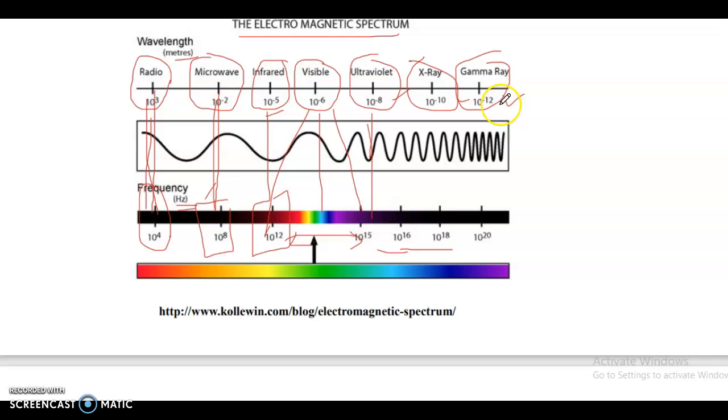Gamma ray wavelength 10 power minus 12 meters, frequency up to 10 power 20 hertz.